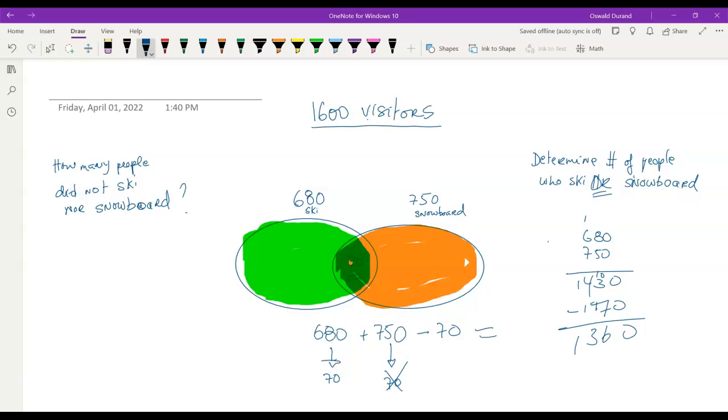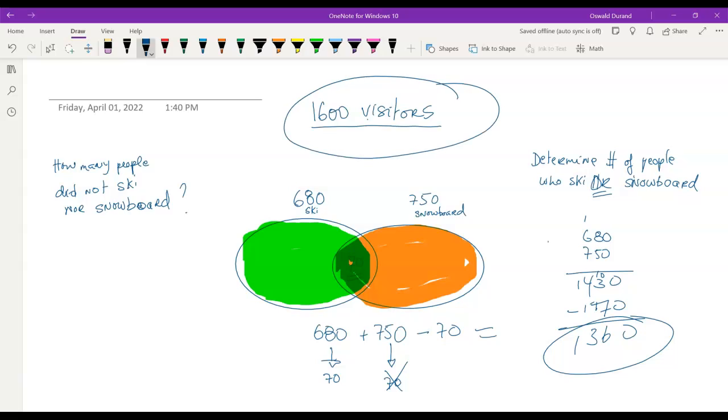So I have 1,360 people total who are skiing or snowboarding altogether.